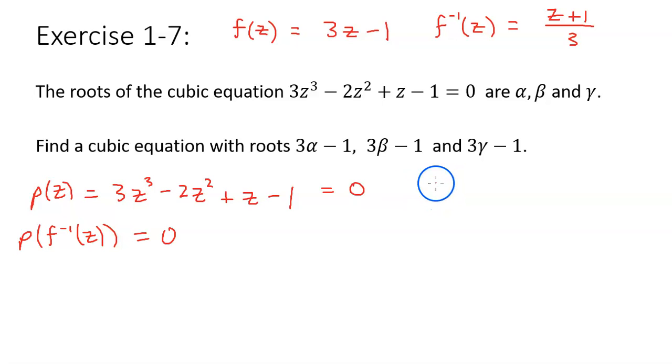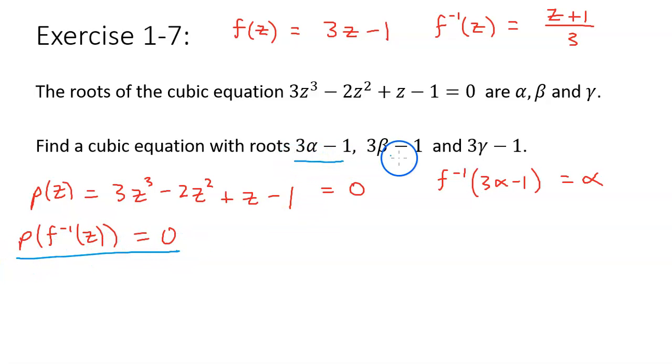Because, for example, f inverse of 3 alpha minus 1 better be equal to alpha. So clearly the roots of this equation are indeed 3 alpha minus 1, 3 beta minus 1, and 3 gamma minus 1. And then all that's left to do is observe we can actually change this into a polynomial.